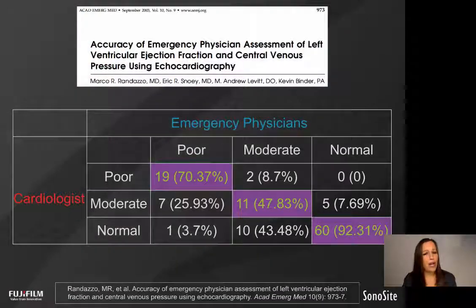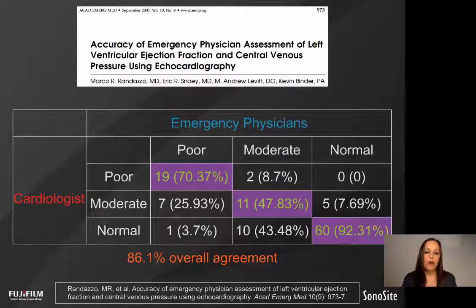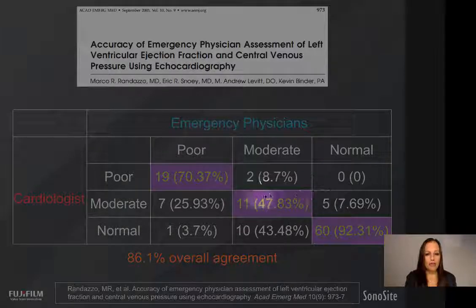Now, how good are we at estimating ejection fraction? Remember I mentioned that we're not actually doing complicated measurements or calculations. It's just this eyeball approach or visual assessment. One study looked at emergency medicine physicians versus cardiologists, and basically they found that there was an overall agreement of 86.1%. Now, the important findings here are that in moderate dysfunction, it was really difficult to tell.